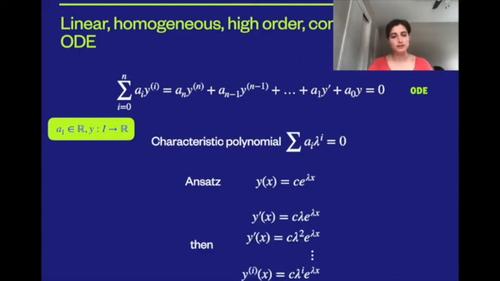The very nice thing about exponentials is that taking derivatives of them is extremely easy. So if I know that y has this form, then I also know all the derivatives of y very easily.